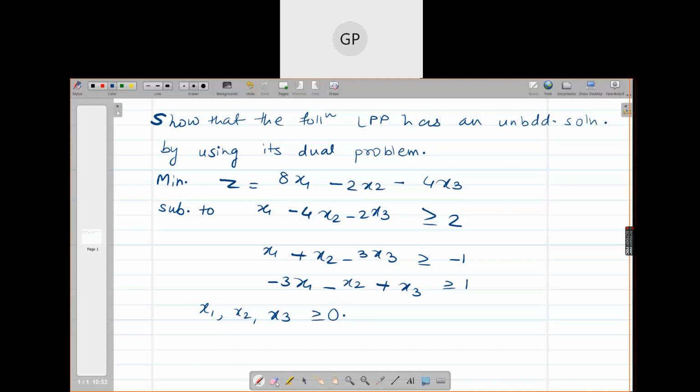Can you tell me quickly the standard form? I'm asking you something. I need answers from you all. What is the standard form? Am I audible? So be quick, tell me the standard form quickly.